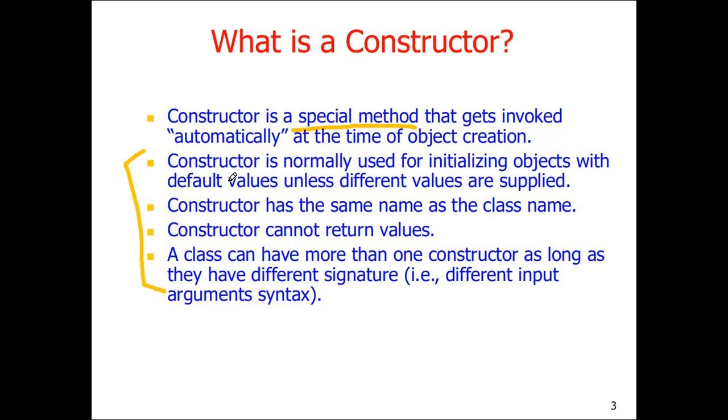It normally has the same name as the class name. It does not have a return value, and multiple constructors can be used. It can be overloaded, and a constructor is generally used to initialize the object. If you know these four or five things, then your constructor definition is done.